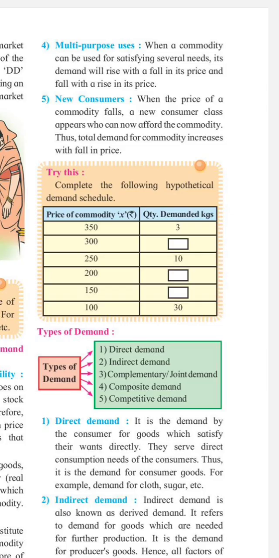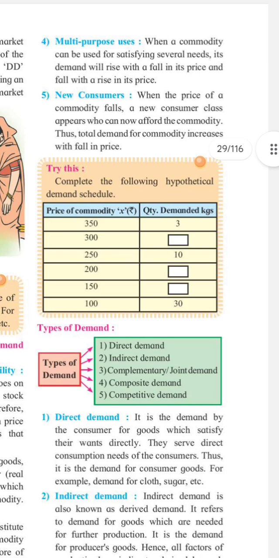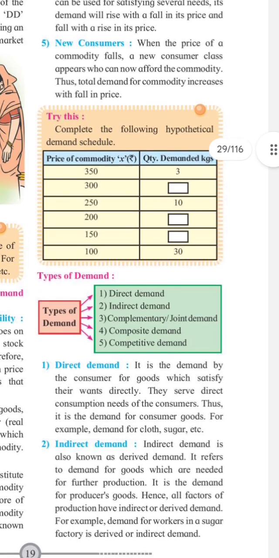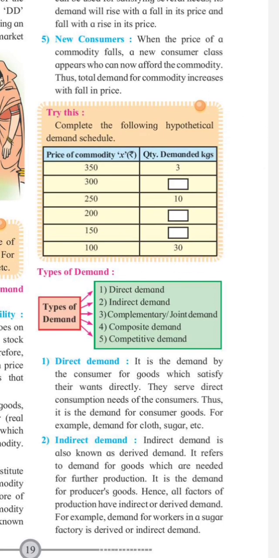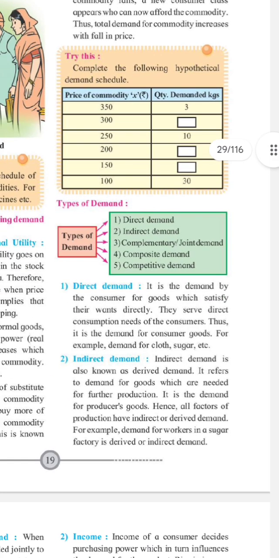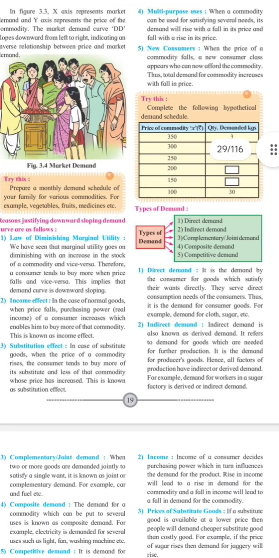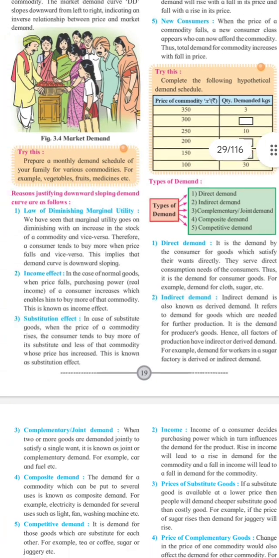When their price falls, they are used for additional purposes, increasing demand. For example, electricity and milk. We use electricity for many purposes and milk too. Next, we have new consumers. A fall in price enables new consumers to purchase the commodity, thereby increasing the demand. So these were the reasons for justifying the downward sloping demand curve.